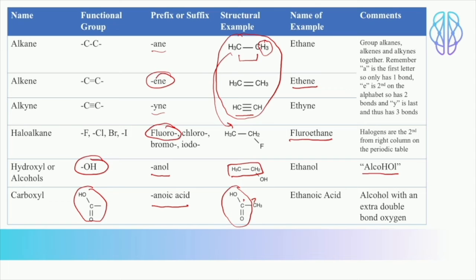So thus, we call it ethanoic acid because it has a carboxyl group with 2 carbons in it. You can also kind of think of carboxyls as alcohols with that extra double bond O, just to make it easier to memorize.